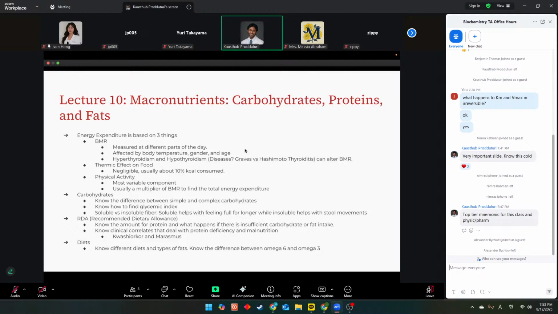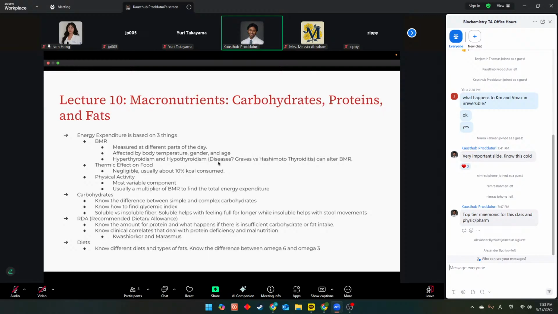That usually leads to an increase in BMR because there's an increase in thyroid hormone, and usually it helps you burn more fat. Whereas Hashimoto thyroiditis is an example of hypothyroidism that usually lowers your BMR and makes it so you don't burn as much fat as well.